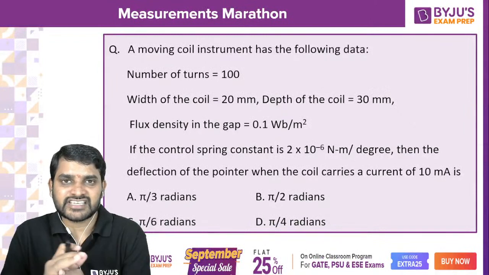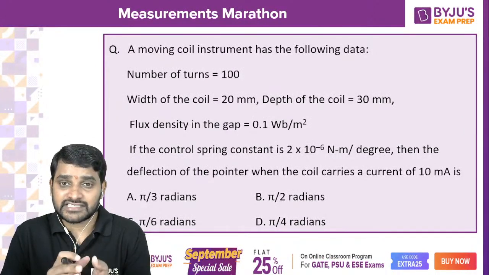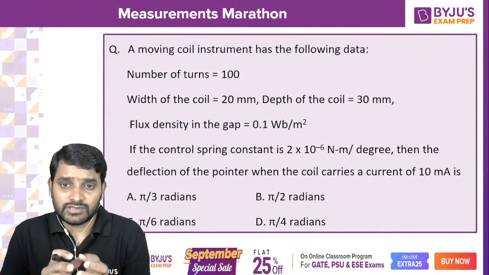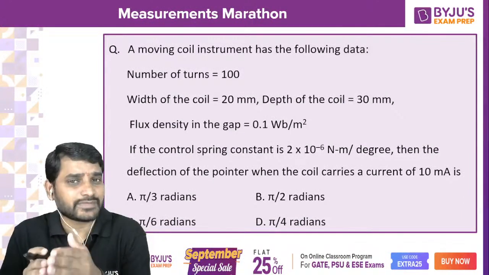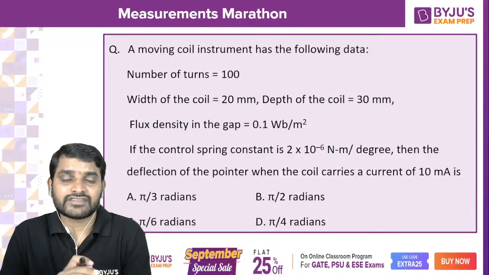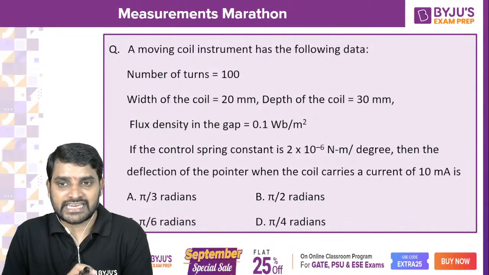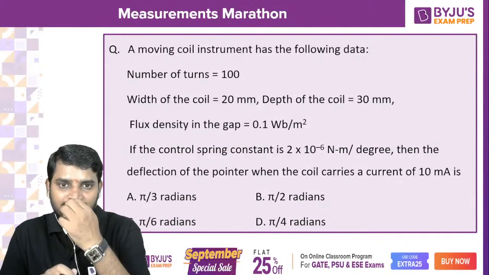The number of turns is given, the width of the coil, depth of the coil, flux density also given. If the control spring is 2 micronewton meter per degree, then the deflection of the pointer when the coil carries a current of 10 milliamperes is. Come on, my dear. So try to solve and tell me the answer.